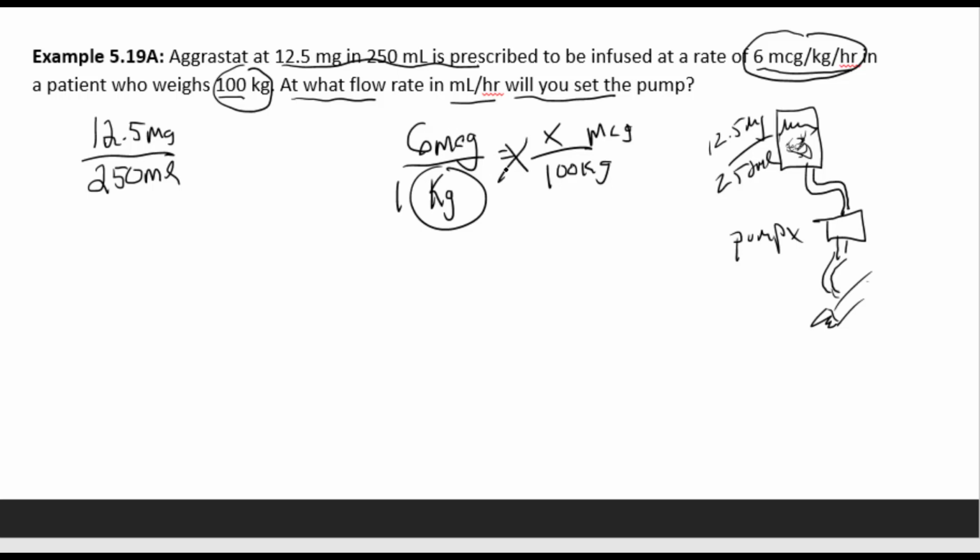Cross multiply and divide, and you're going to get 600 micrograms. You can also do this with dimensional analysis. Weighs 100 kilograms times 6 micrograms for every 1 kilogram of weight, and you get 600.